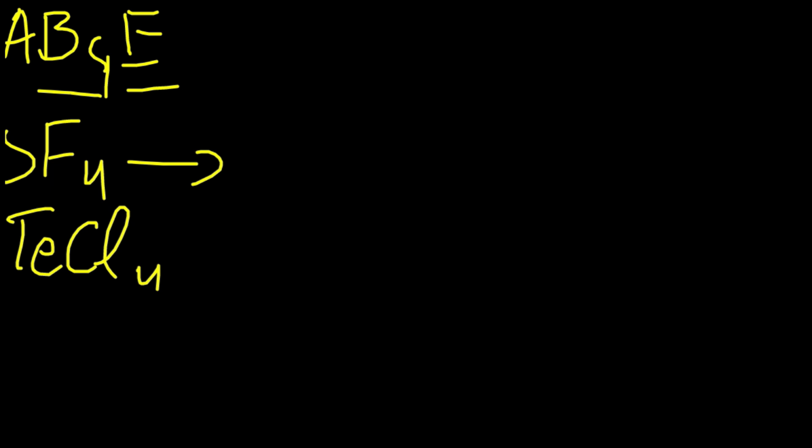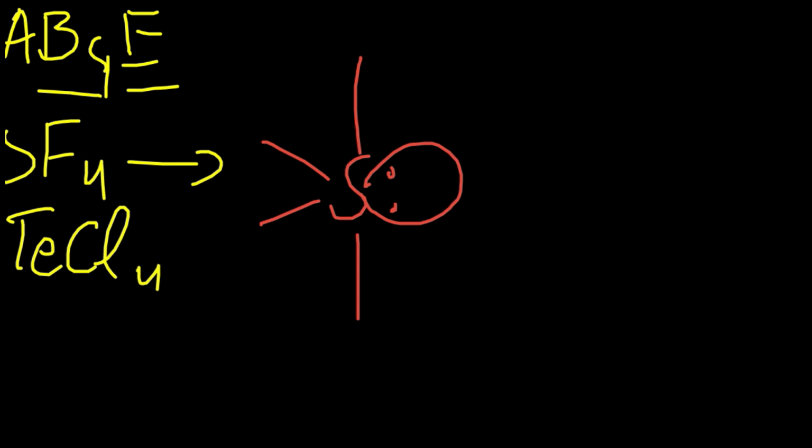Let's talk about the geometry of sulfur tetrafluoride. Sulfur has 6 electrons in its valence shell, but it is making 4 bonds, which means the 2 remaining electrons will be the lone pair. Where will the lone pair be? At axial or at equatorial position. Experiments show that the lone pair will be at the equatorial position.